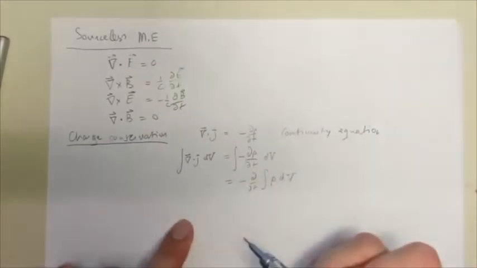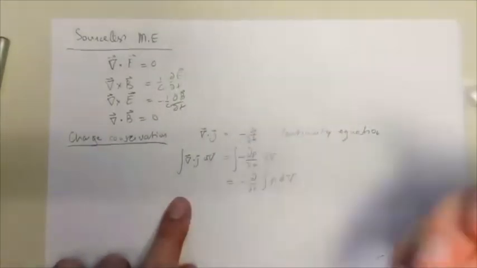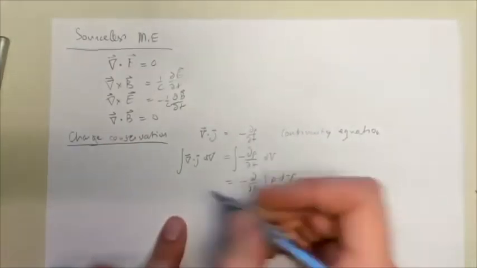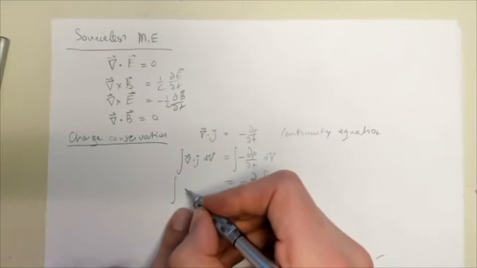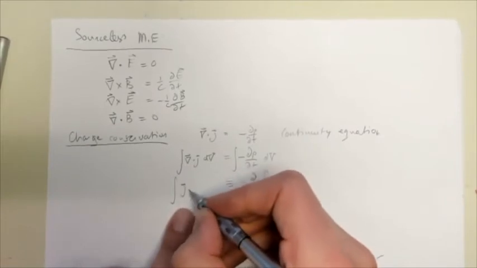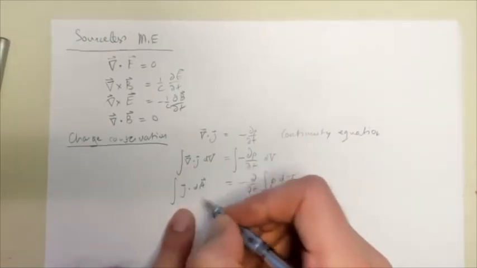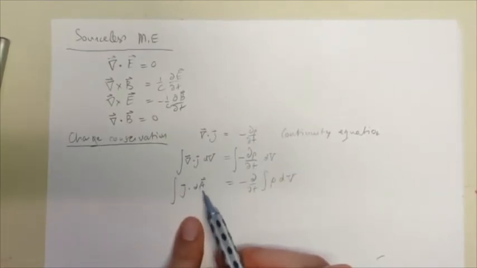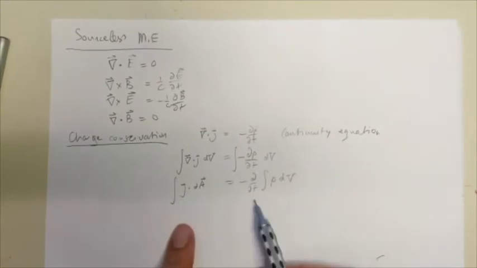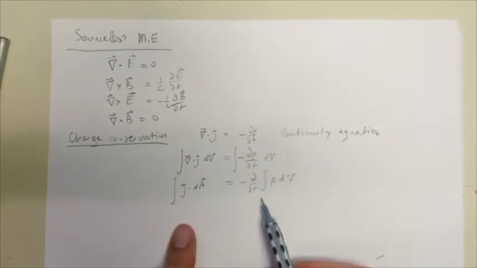And this we can use, I keep forgetting Green or Stokes, I think it's Green's theorem, where you can change this into a surface integral, where you're just doing j dA, where this is now the normal pointing out of a surface that is wrapped around this volume.